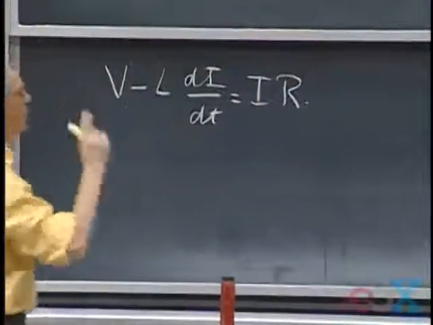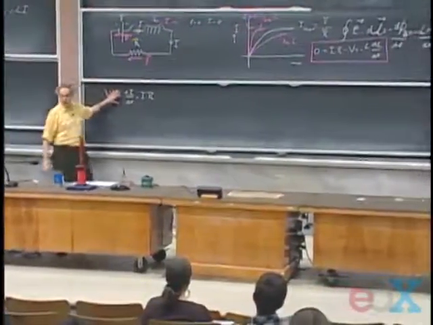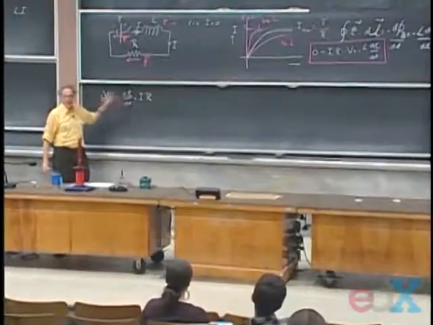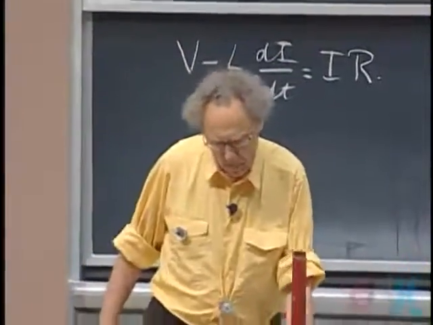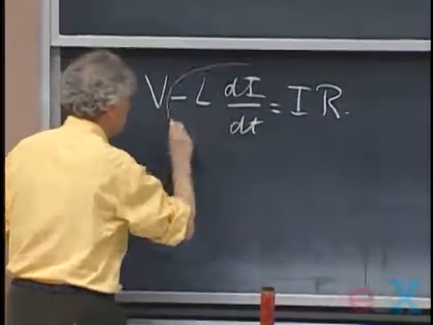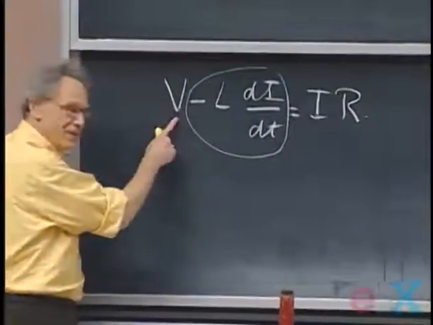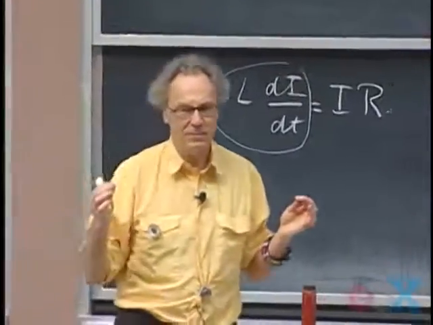It's the same equation. And the nice thing about writing it this way is that since di/dt is positive here, it's growing in time, the induced EMF, which is this value, is always opposing the voltage of my battery. And that's what Lenz's law is all about.